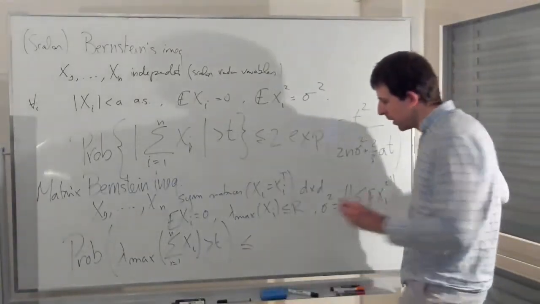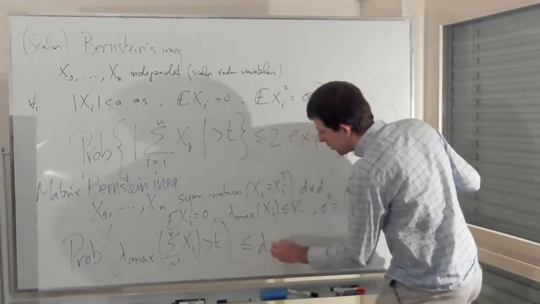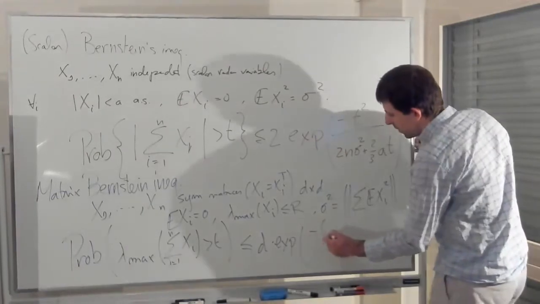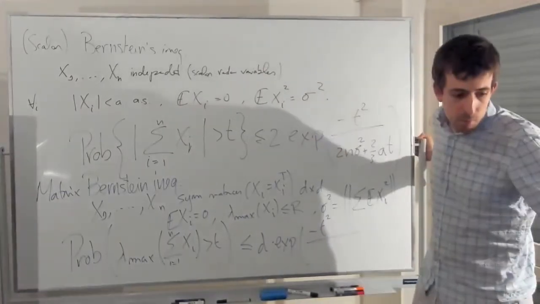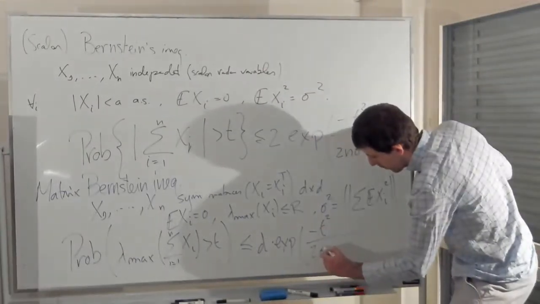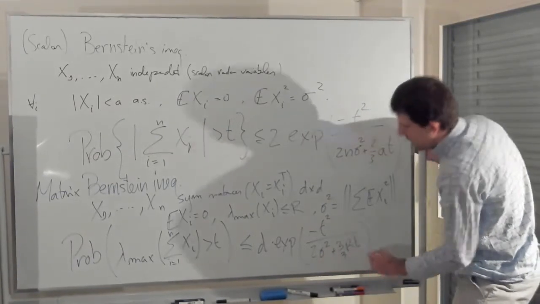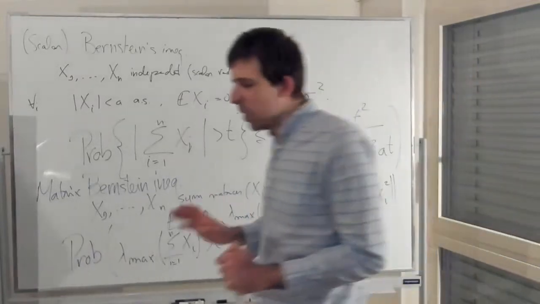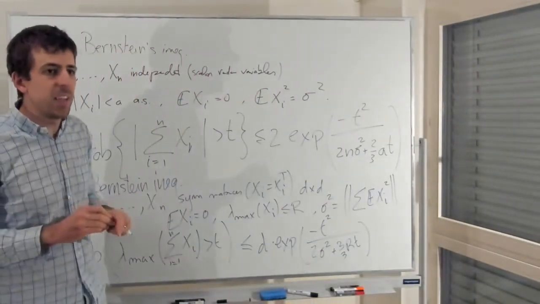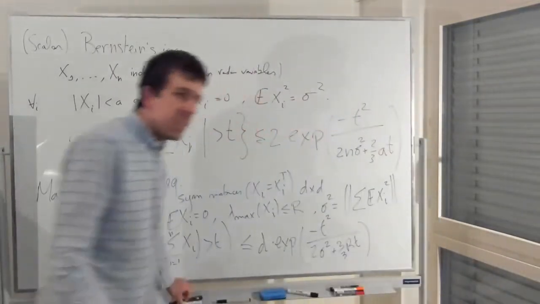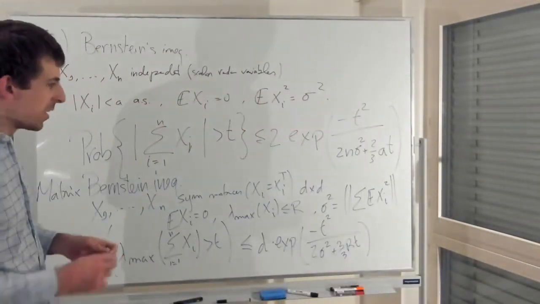Right, so now, without further ado, when we write the inequality, we get d times the exponential of, and then it's exactly the same. And the striking thing is that this inequality is essentially exactly the same. Right? So what are the differences?